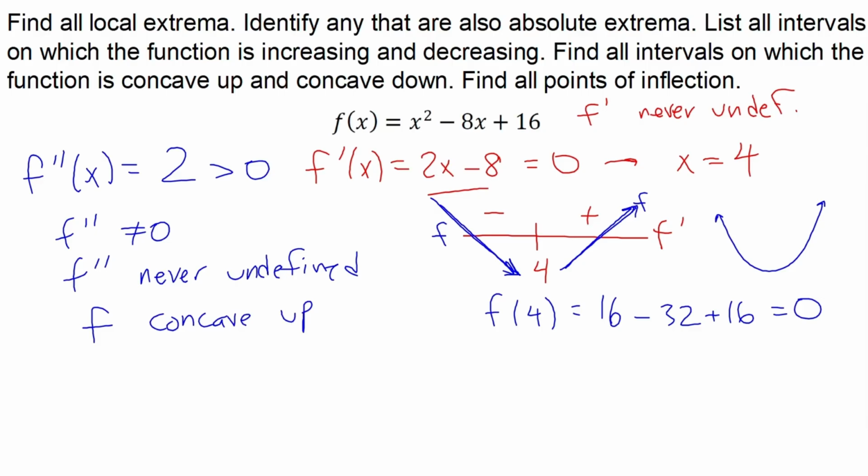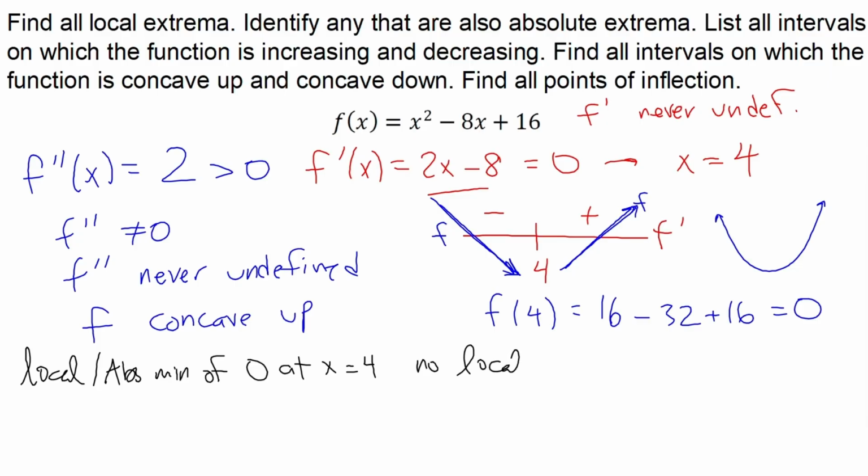So we'll write out, first of all, that it has a local, which is also the absolute minimum, 0 at x equals 4. We have no local or absolute max because our sign chart shows there was no maximum. Okay?